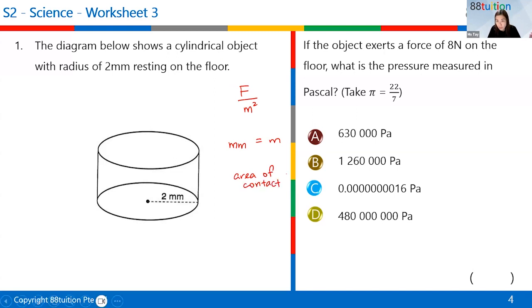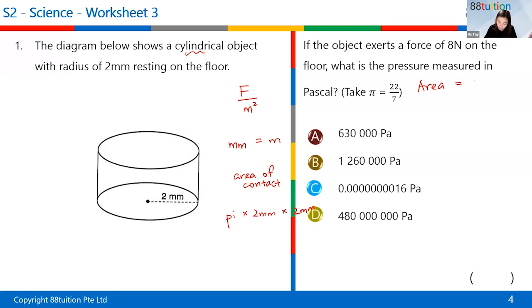Hao Lun says need to take pi times 2 mm times 2. Is that right? You mean 2 mm times 2 mm. How do you calculate area of circle? I hope you all know. Because cylindrical means it's actually a circle shape at the bottom and at the top.